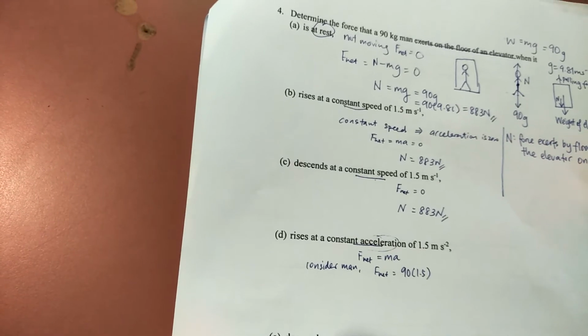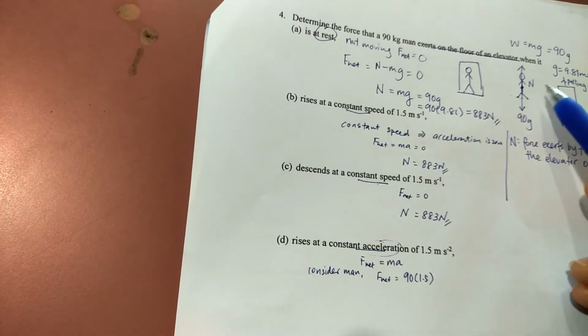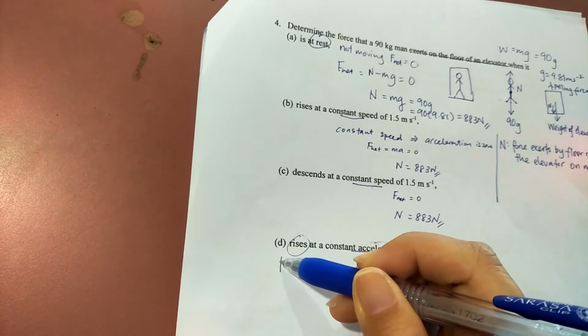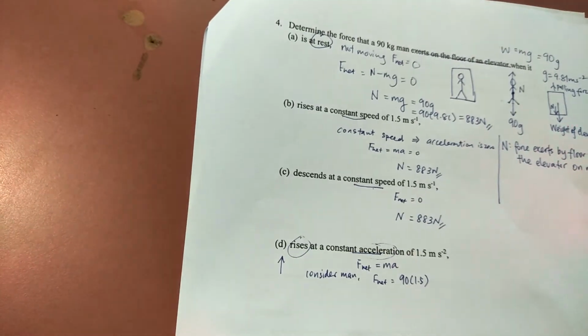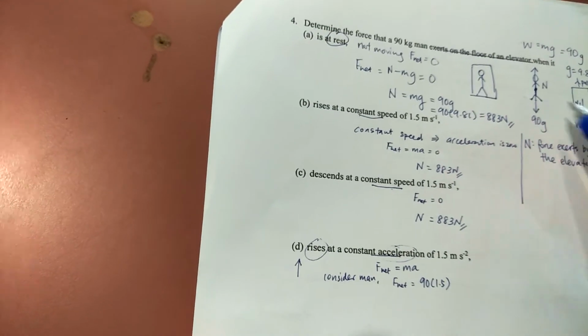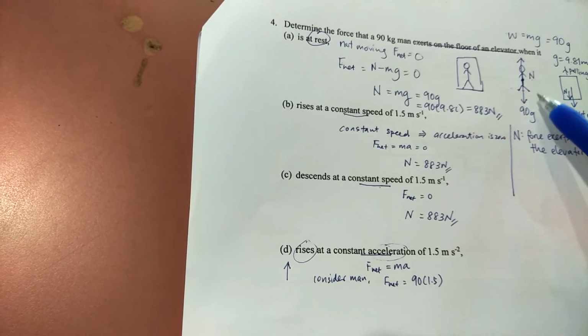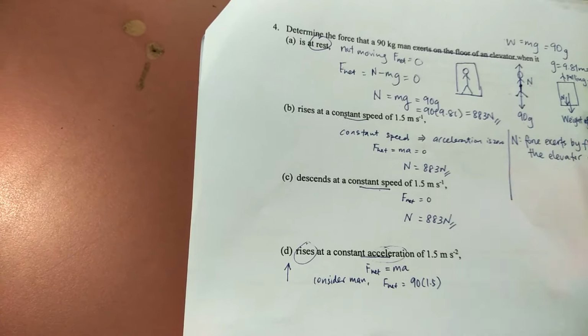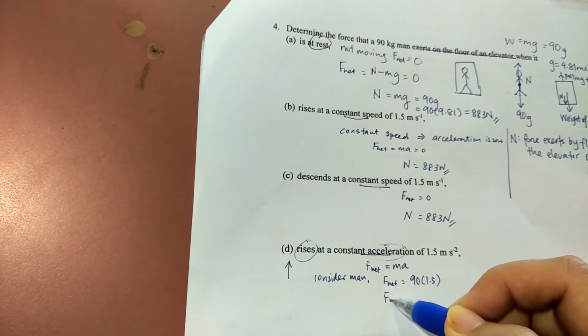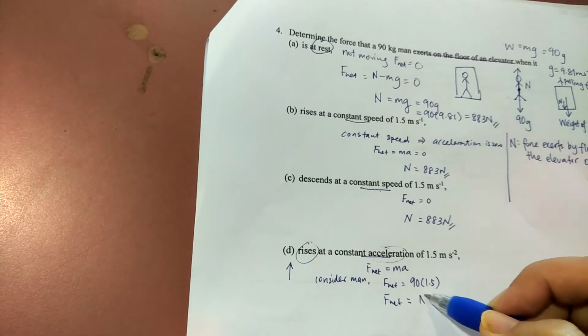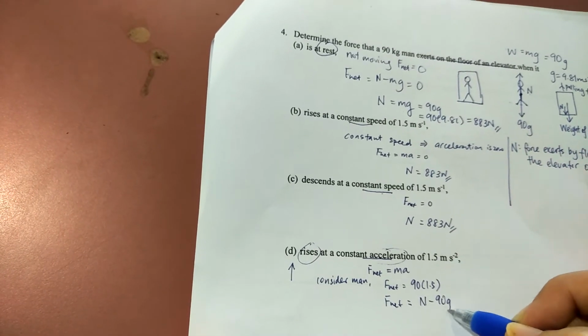Okay. Then if I were to look at the forces acting on the man, you're told that it's going up. Going up, that means the upward force has to be larger. So I will take my upward force on the man, which is N. That means N minus mg must give me the resultant force. So this F net is also equals to N minus 90g.